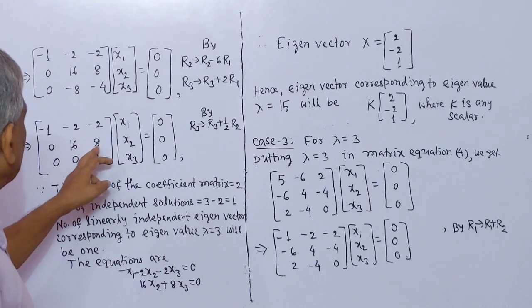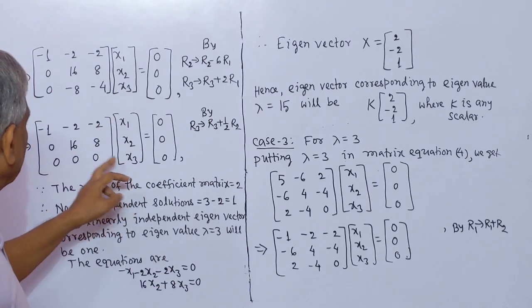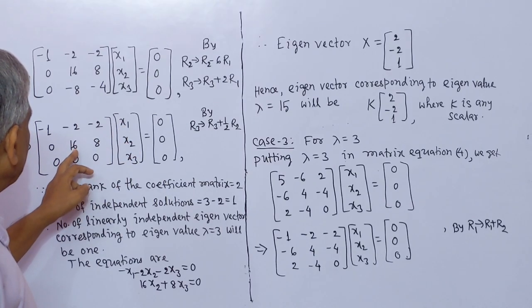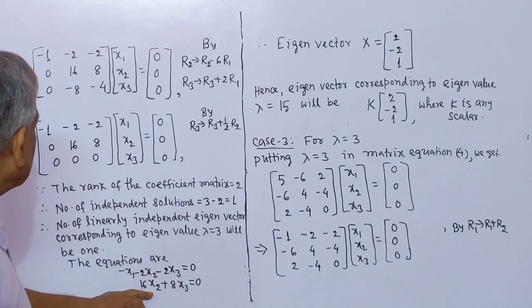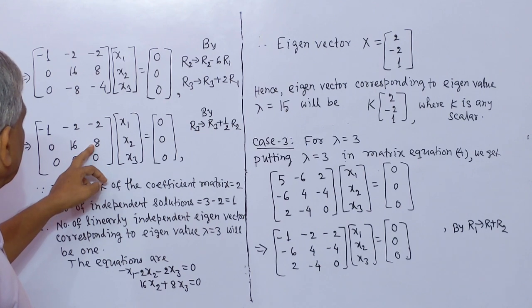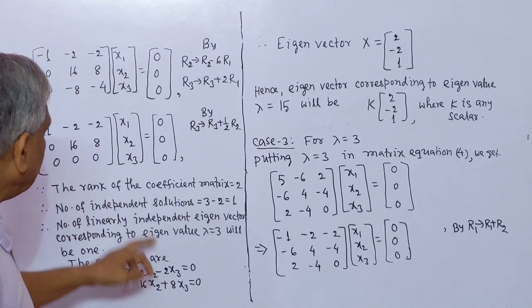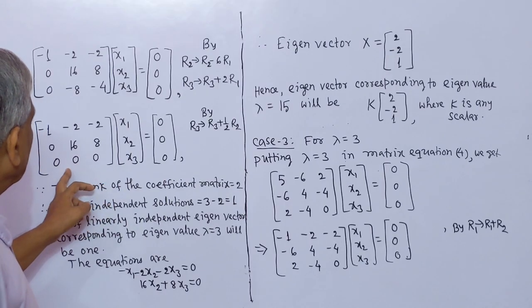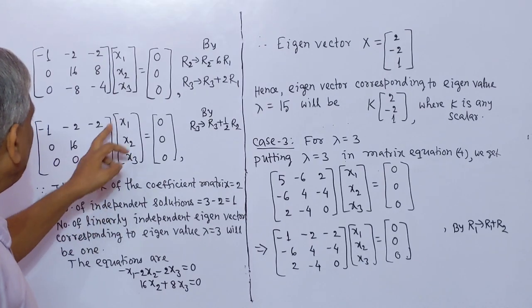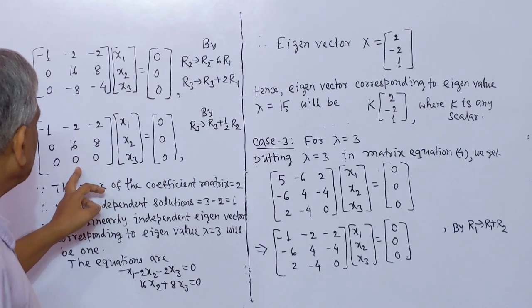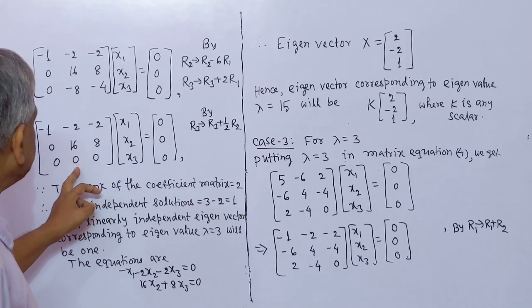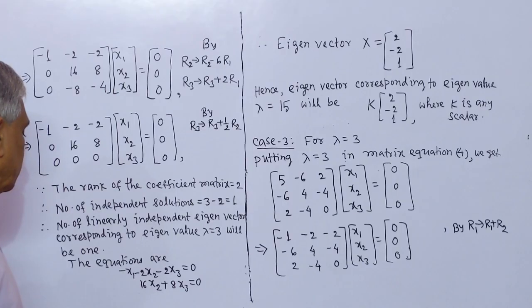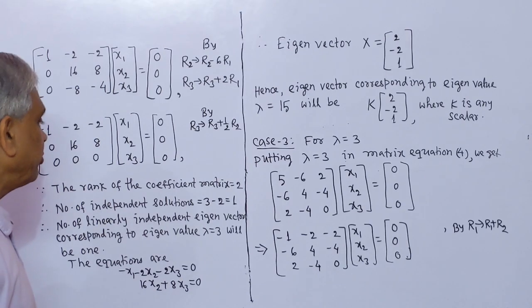Now, second row multiply first column, 0 multiply x1, 16 multiply x2, 16 x2 plus 8 multiply x3, 8x3 equal to 0, and last row contains 0, 0 multiply x1 equal to 0, 0 multiply x2 equal to 0, 0 multiply x3 equal to 0, and right side 0. So we solve these two equations.